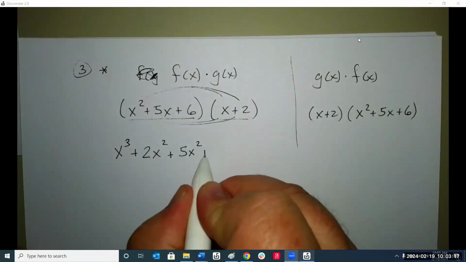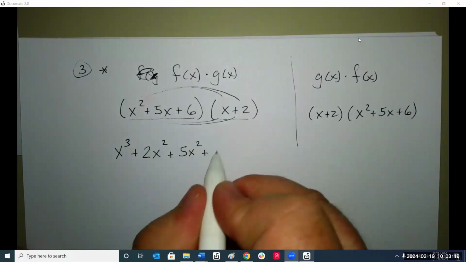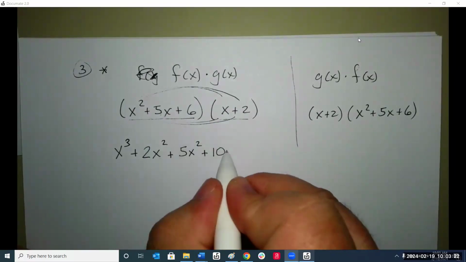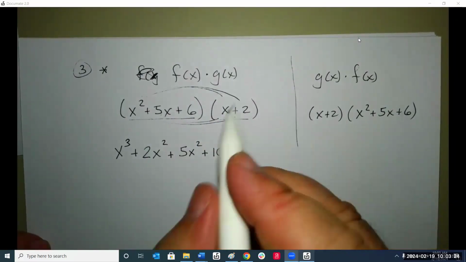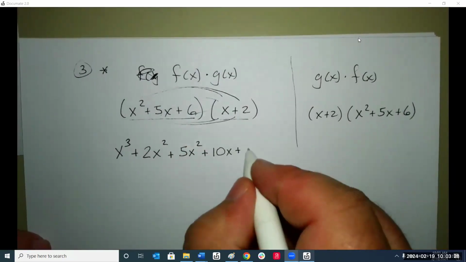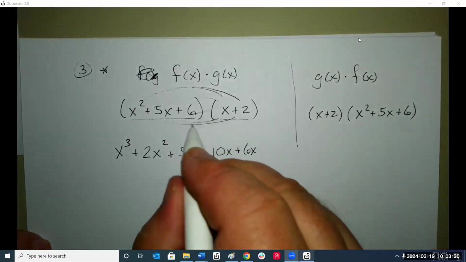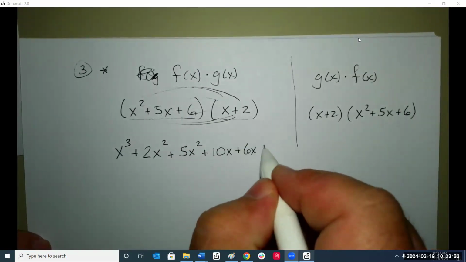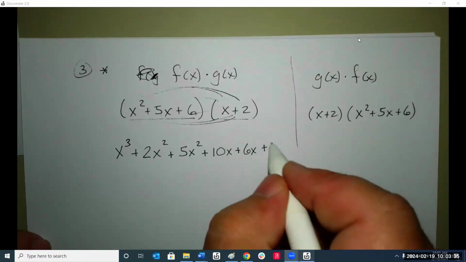Positive times positive is a positive. 5 times 2 is 10x. Positive times positive is positive. 6 times x is 6x. Positive, positive. 6 times 2 is 12.